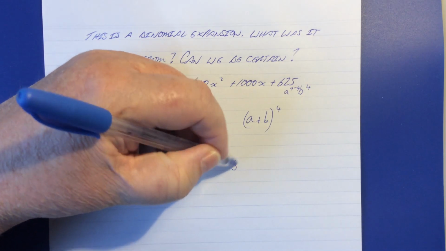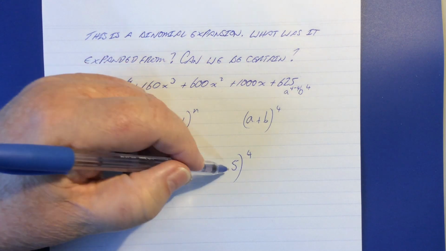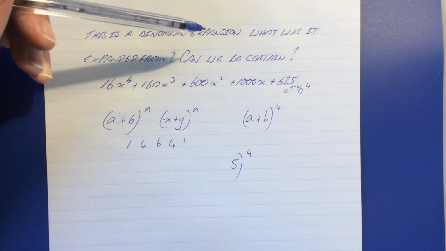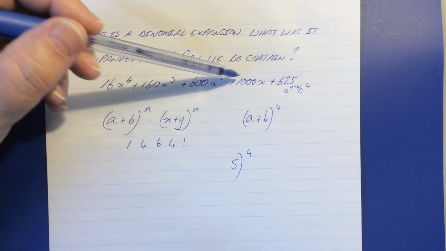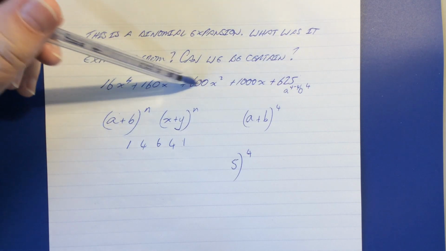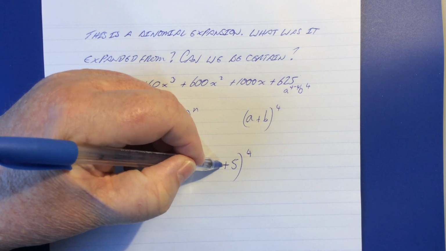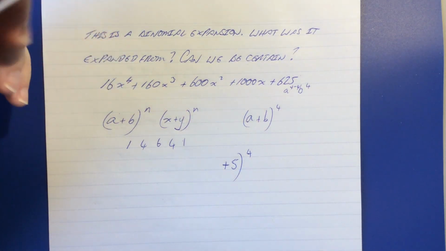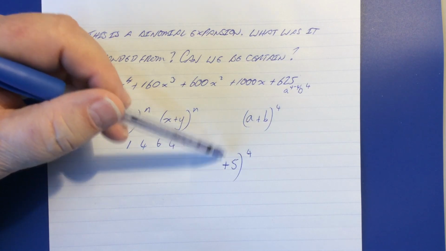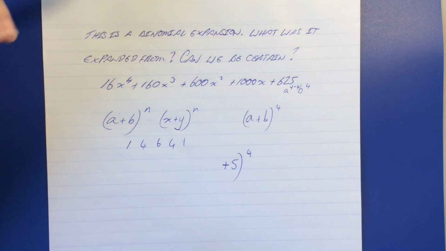So let's go with that and say that our second value is 5. Now, everything is positive. There are no negatives in here, so I'm going to make a supposition, and this is only a supposition at this stage. It's to do with the second question, but we'll get to that.